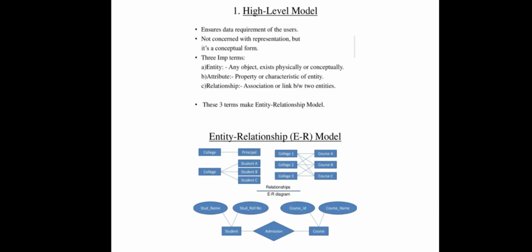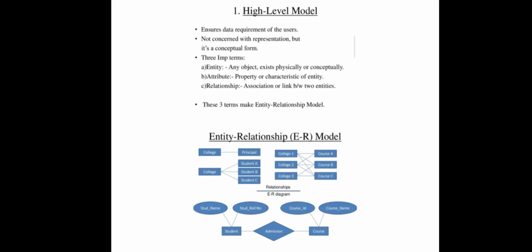In the entity, any object that exists physically is called the entity. And the characteristics of the entity are defined in the attribute. What is relationship? It is the link between two entities. That is called a relationship, like one to one, one to many, many to one. These are all kinds of relationship.